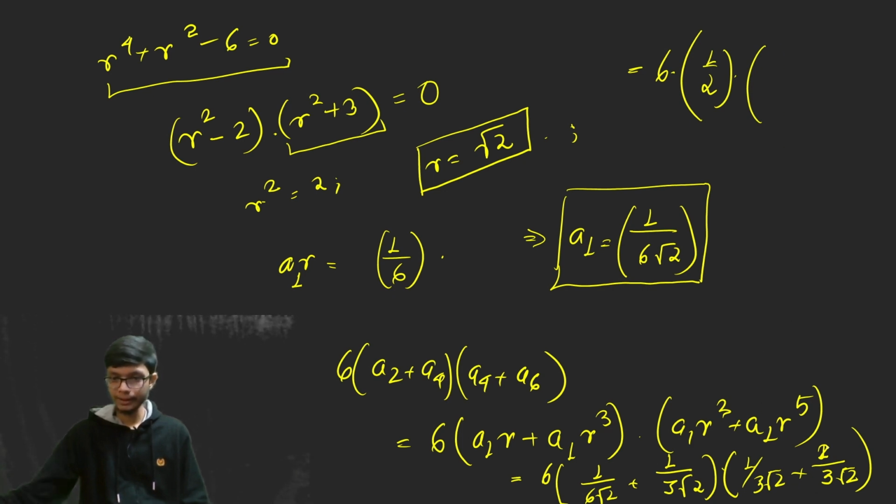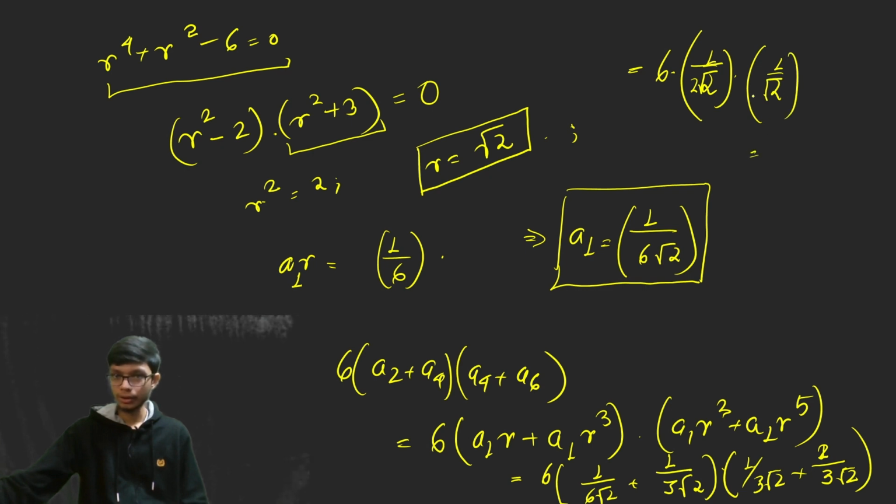You can check this is directly equal to 1 by root 2, because the 3 and 3 get cancelled. This will be 3 by 6 root 2, so 1 by 2 root 2, which is 1 by 2 into 1 by root 2, and the result will be equal to 1 by root 2.